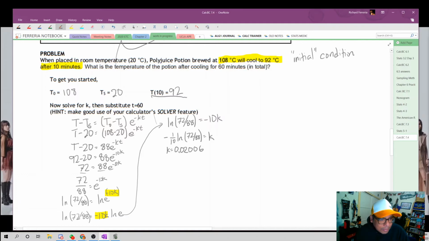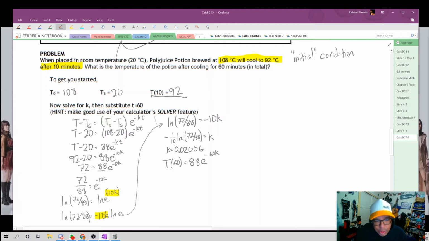And then from here, we'll just go ahead and substitute and figure out our T60. So T at 60 is equal to 88.